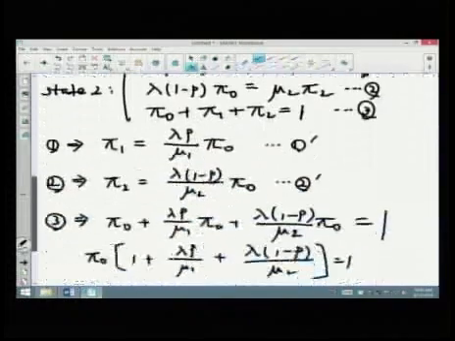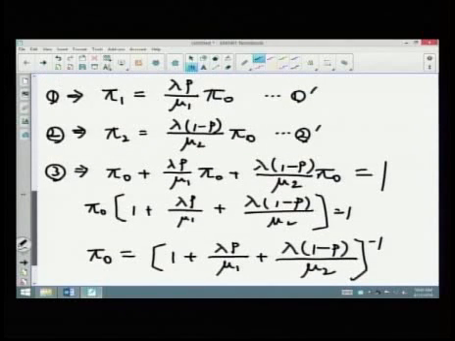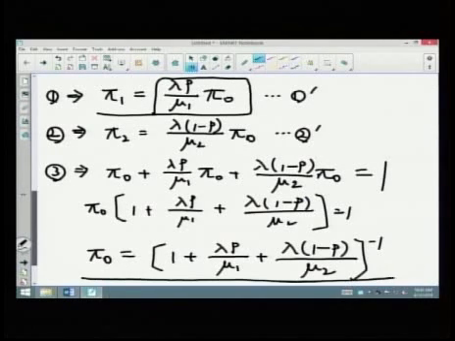So the answer for the first question is pi 1. Once you get pi 0 from this, just plug in there, then you should be able to determine the pi 1 value. Is that all right?